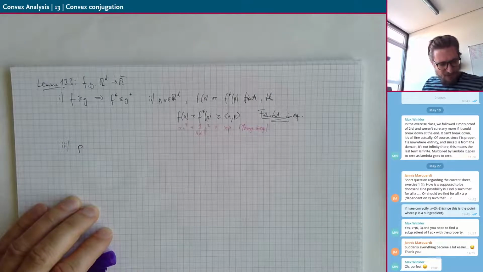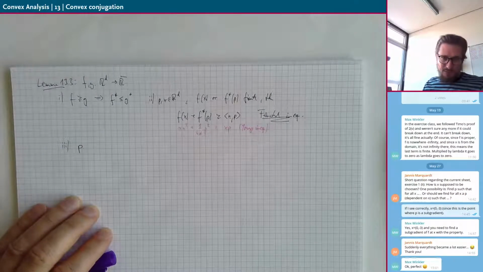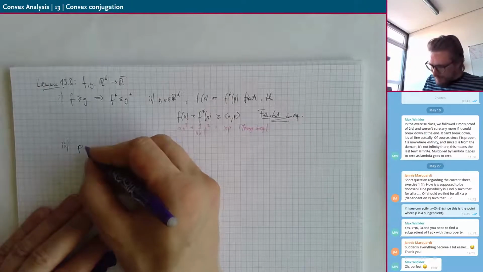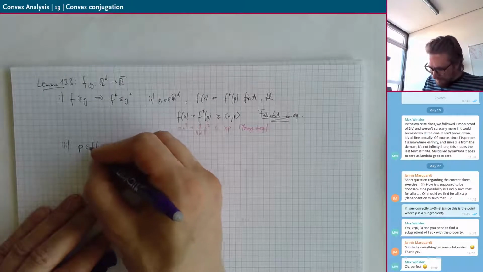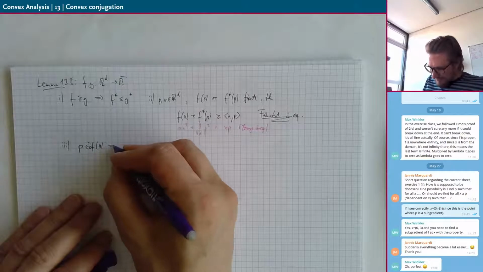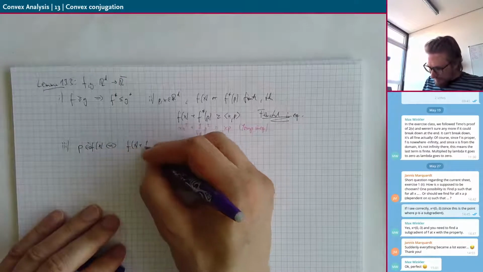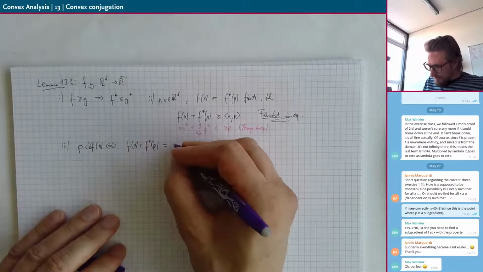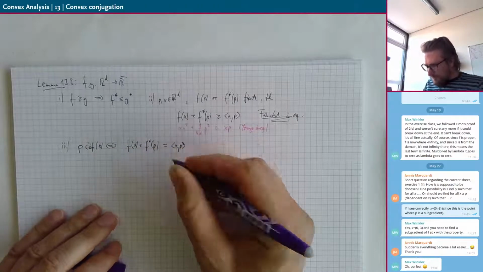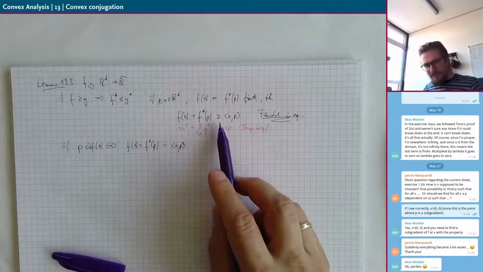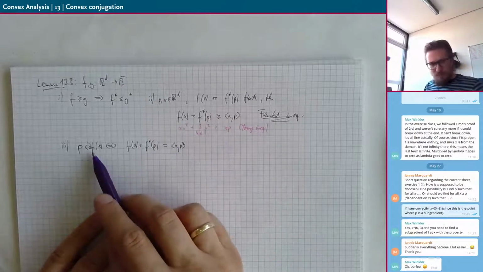The third property that's kind of amazing is that conjugation is related to subgradients, and it says that p is a subgradient of f at x if and only if f of x plus f star of p is equal to the inner product. So as soon as we have equality in Fenchel's inequality, we have the subgradient inclusion here.